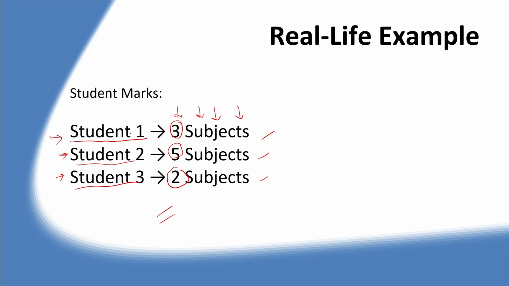So for student 1, it will have 3 columns. For student 2, it will be 5 columns. For student 3, it will be 2 columns. So this is a good example for using jagged arrays.